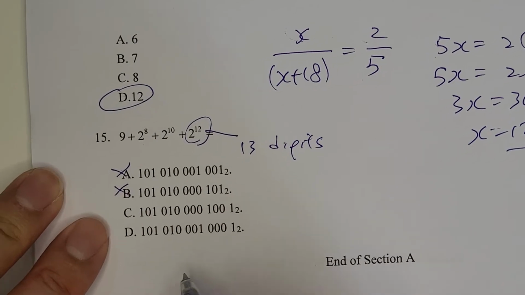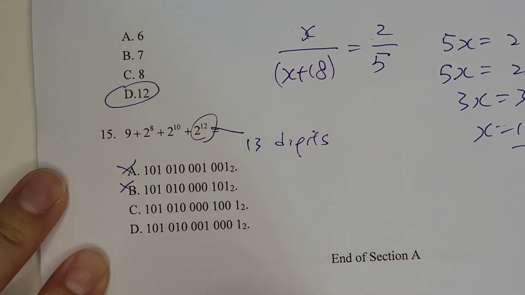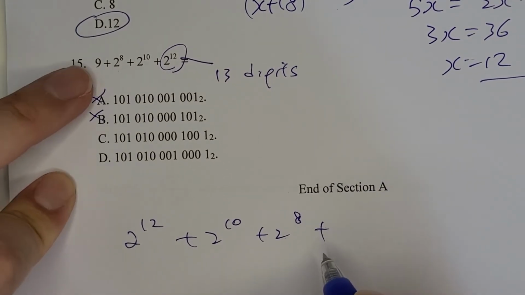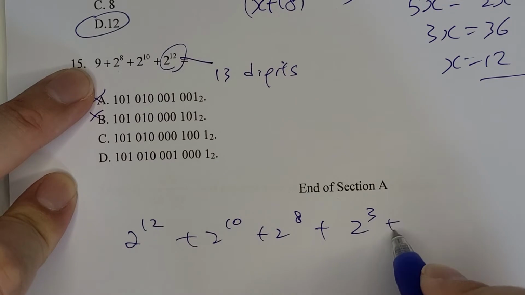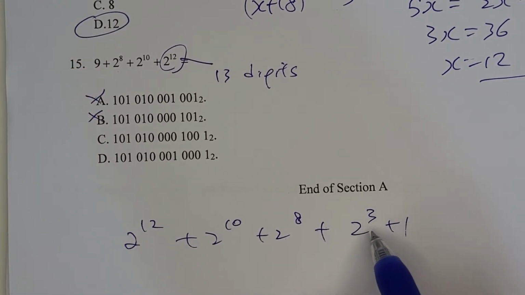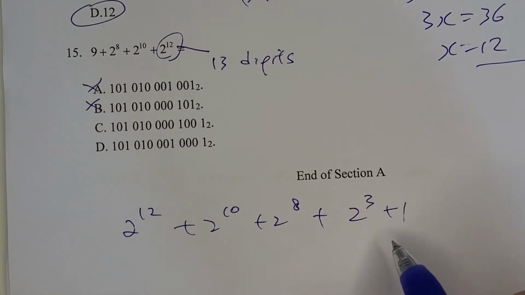We can do it in this way. For 2 to the power 12 plus 2 to the power 10 plus 2 to the power 8 plus 9, 9 can be written as 2 to the power 3 plus 1. You should try to make it a sum of numbers with base 2.